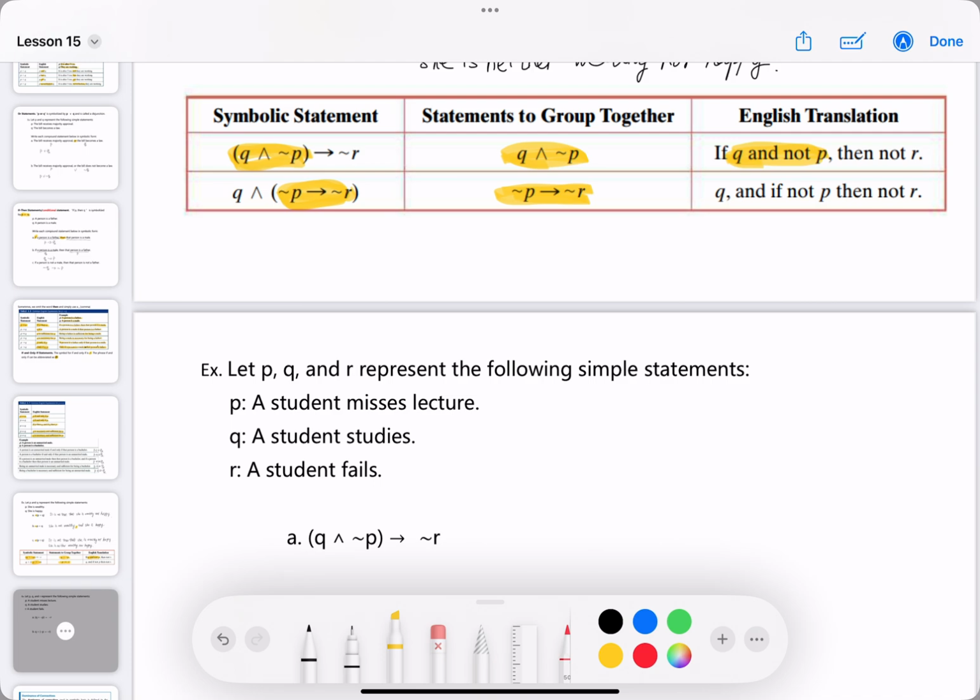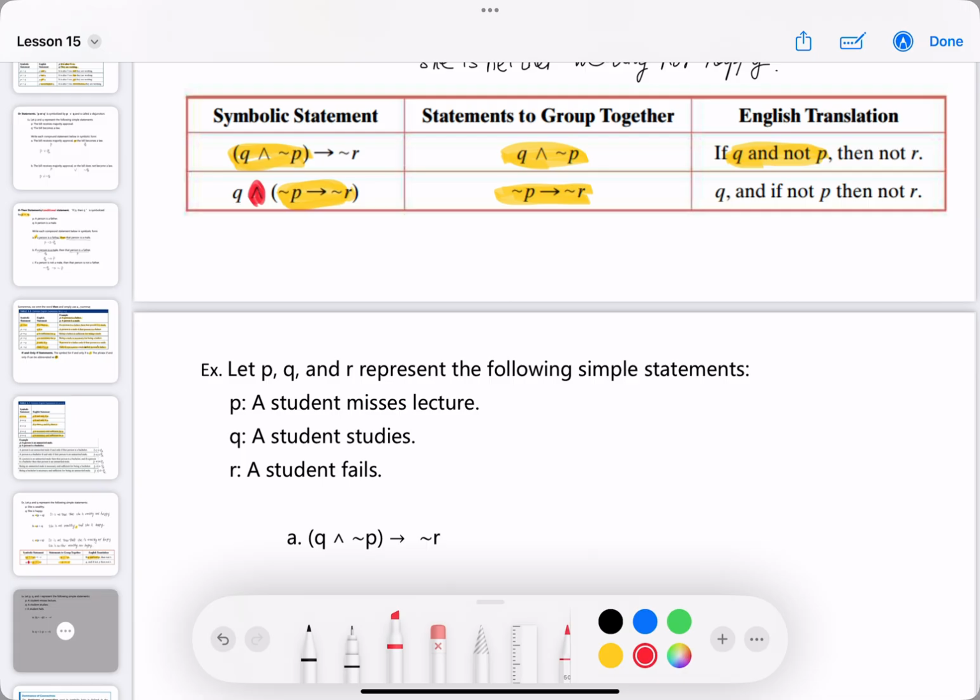So how to say this sentence? Okay. Before this and symbol, and after this and symbol, we're having two statements. The first statement is Q only. After the and symbol is the parentheses. So we are going to separate them.